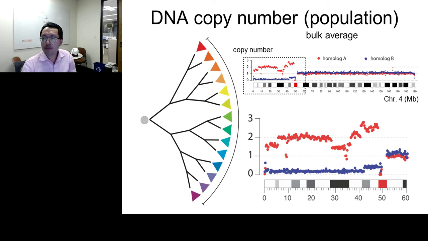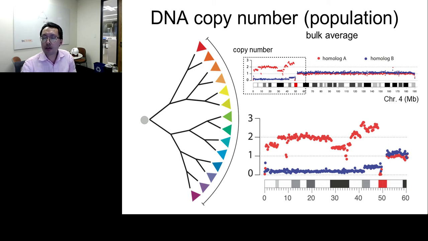And our interpretation is that, instead of the cell having a non-integer number of molecules, the population of cells consists of different clonal populations, and the different clonal populations might have different copy number states of both the red and the blue homologs.